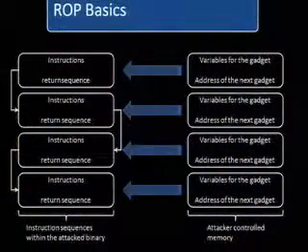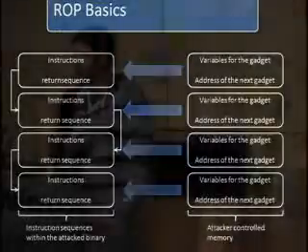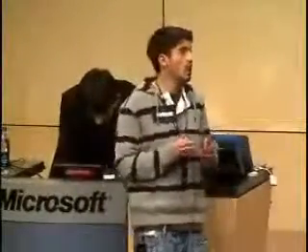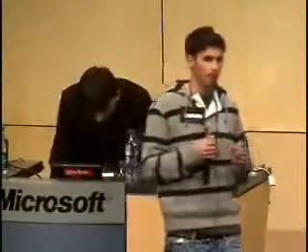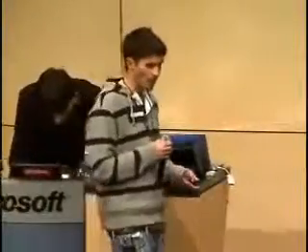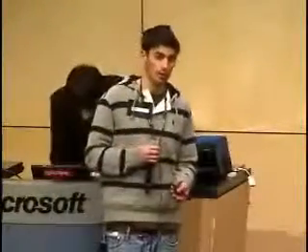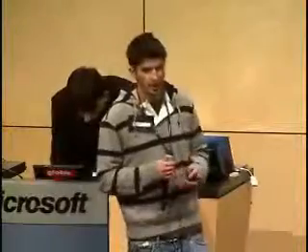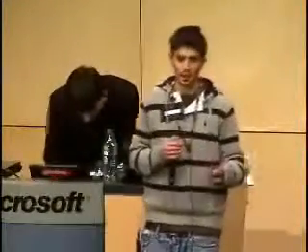I'm not sure how many of you actually know how a return-oriented programming payload works, so I'm going to try to do a ROP 101. The main thing that you need with a return-oriented programming payload is to make sure that the stack pointer points to some data controlled by the attacker.